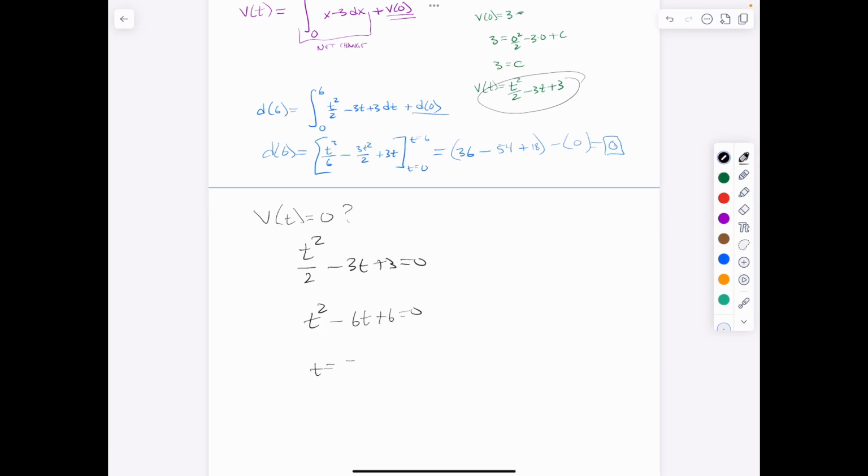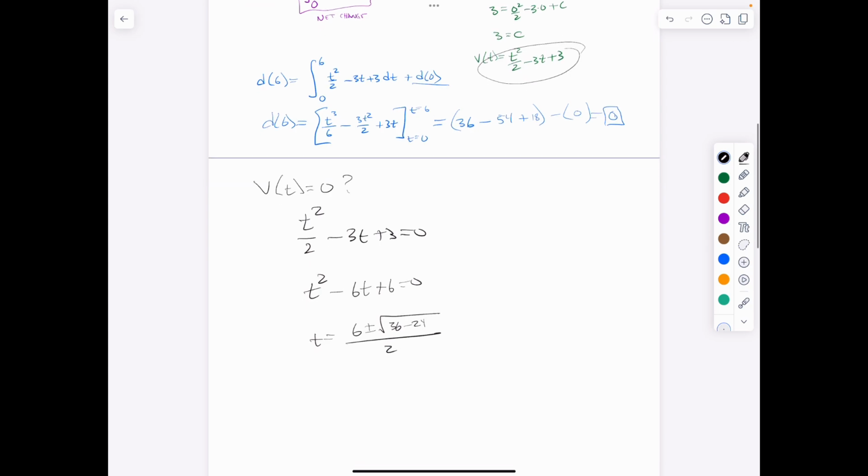So I'm going to use the quadratic formula: negative b plus or minus the square root of b squared minus 4ac over 2a. Okay, 36 minus 24 is 12. So here's what we're looking at, which is 3 plus or minus radical 2.